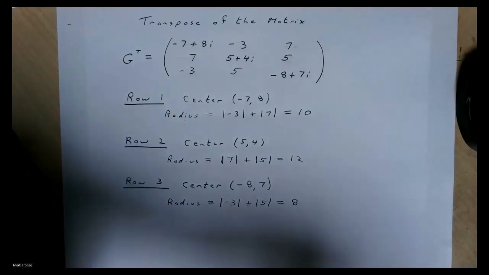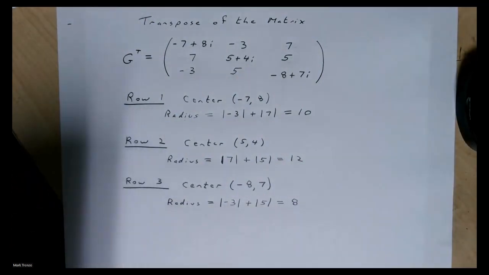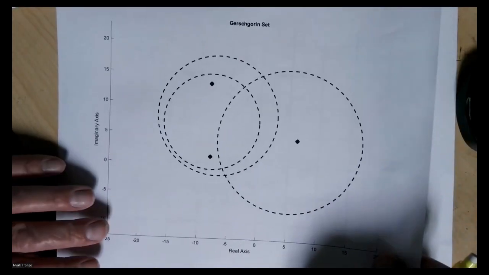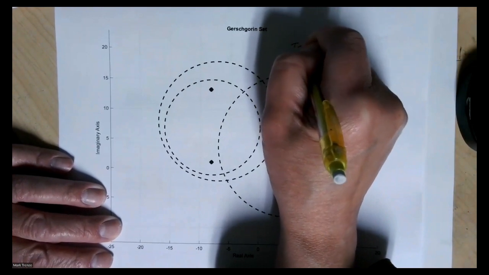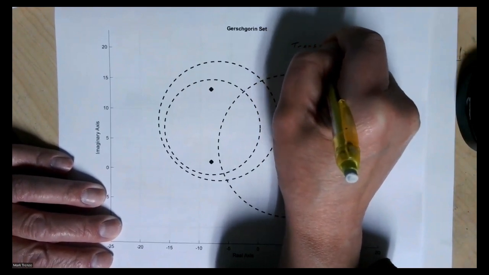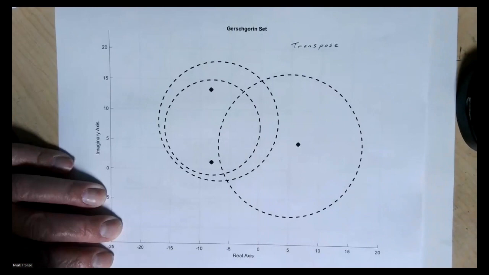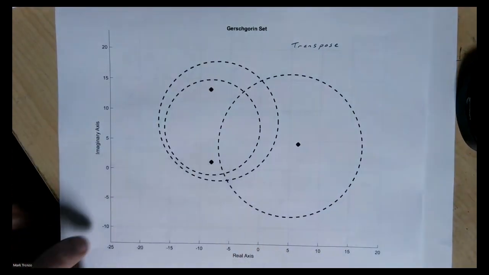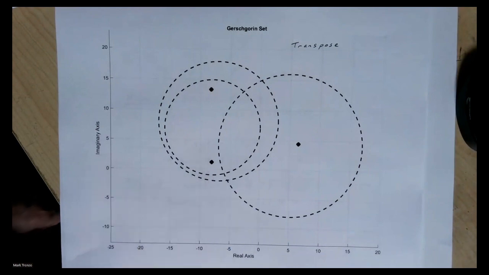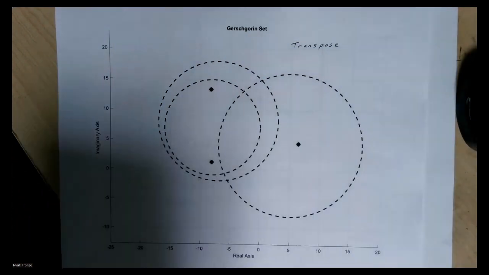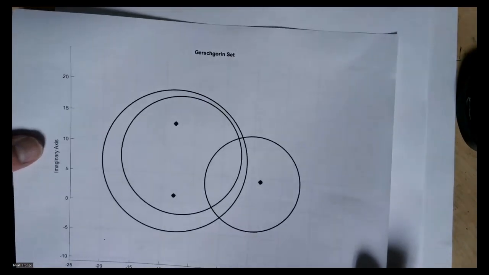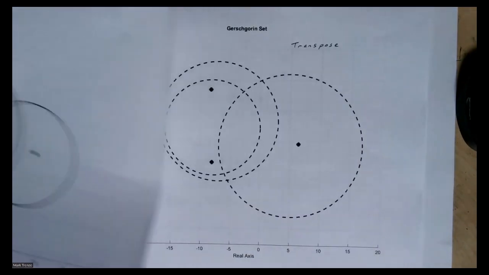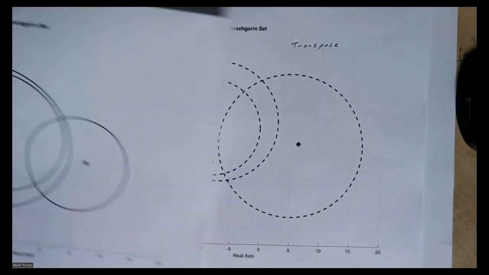And now, when we plot those for the transpose matrix, we get these disks. And they are slightly different than our original. So for the original matrix, the Gershgorin disks look like this. And they're a little bit different.